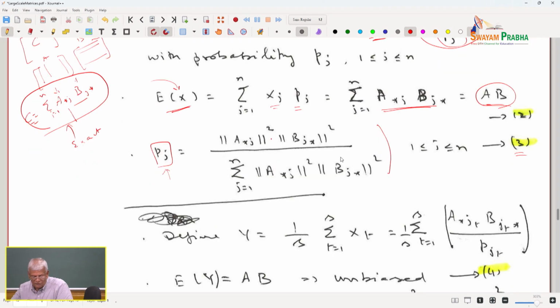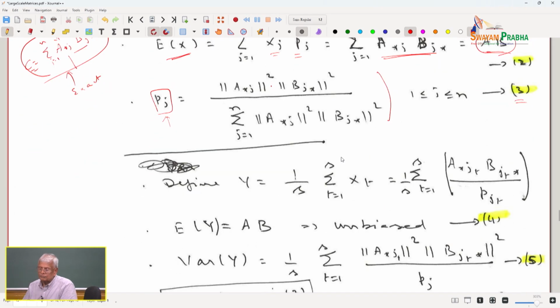Now, I am going to define a random variable. Please understand, I now know the sampling distribution. I can sample from this distribution with replacement. If I get multiple copies and take the average, I get a better result because the variance gets divided by the number of samples by which I am going to estimate. So, y is equal to 1 over s times the summation of x of t.